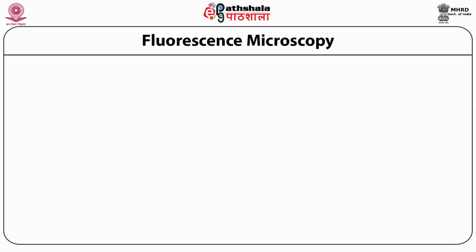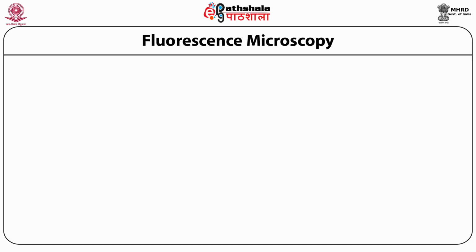So in fluorescence microscopy, you shine light on the sample, and if the sample has regions which can absorb this excitation light and are able to emit light which is different from the incident light, then this sample is highly useful for fluorescence microscopy.